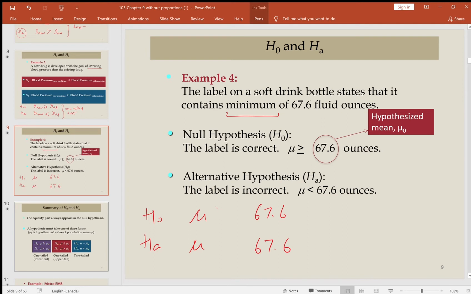So in this case, it was easier for us to formulate the null hypothesis first, and then the opposite is the alternate hypothesis, right? So minimum means it should be a minimum of 67.6 that is equal or more. So again, this is a one-tailed test.